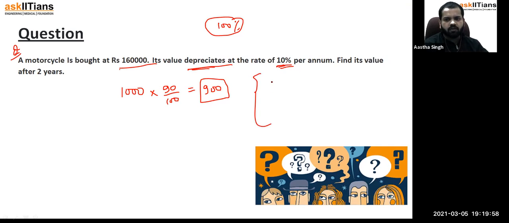Suppose the value is 500, something valued at 500, and its value depreciates at the rate of 10%. It means its value decreases by 10%.